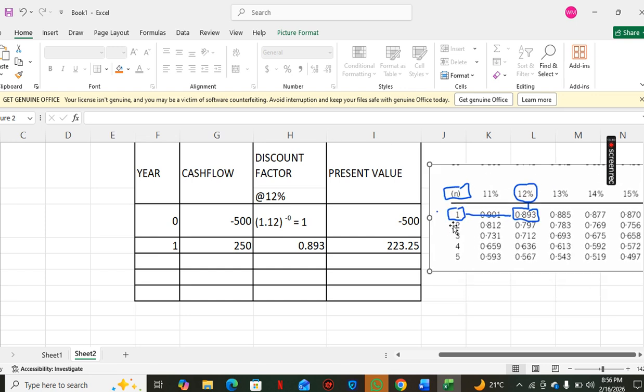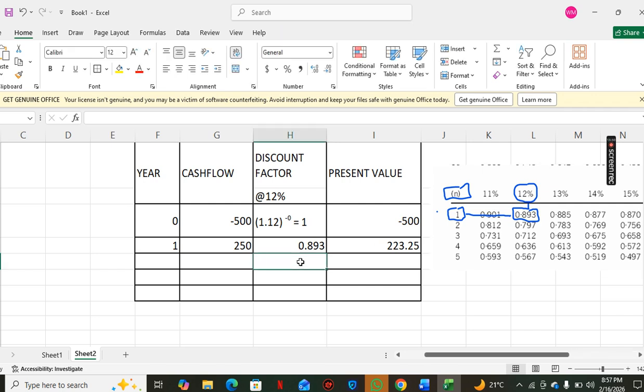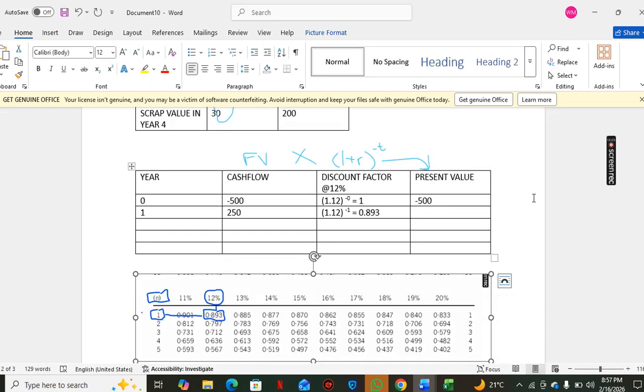Okay, so we can see year 2, discount rate at 12%. Yes, Mr. Mara, I just wanted to find out, the percentage is always given in the question? Always. Okay, always.